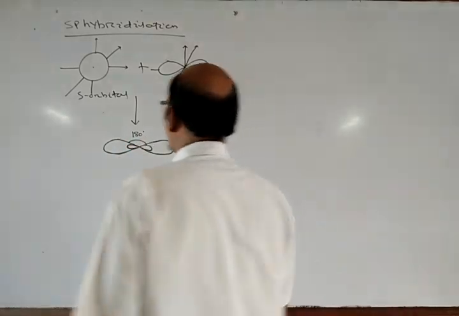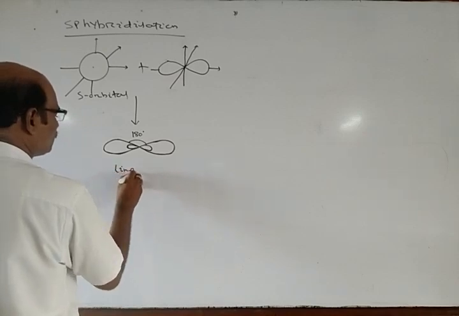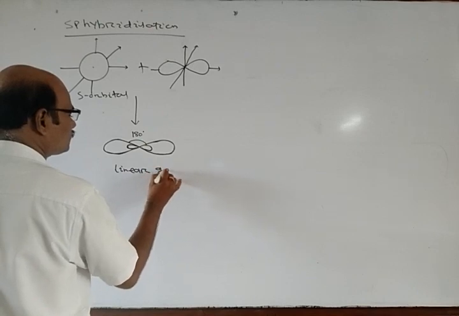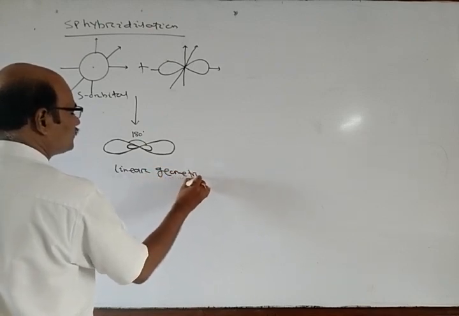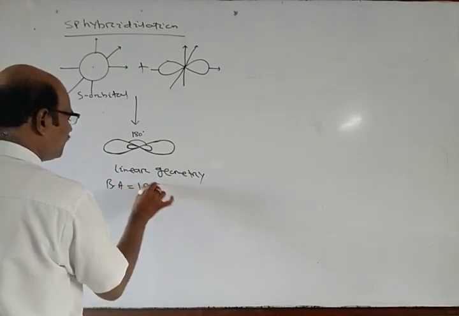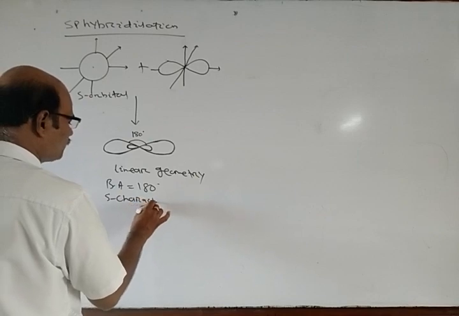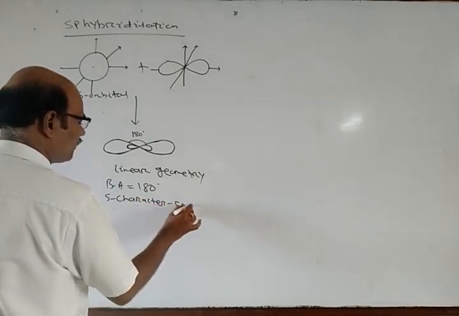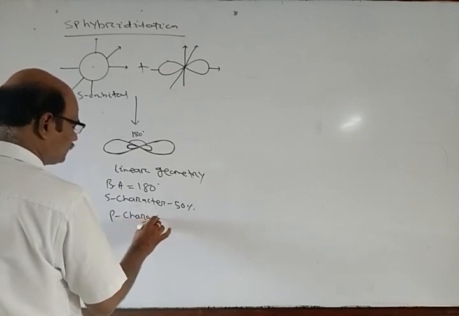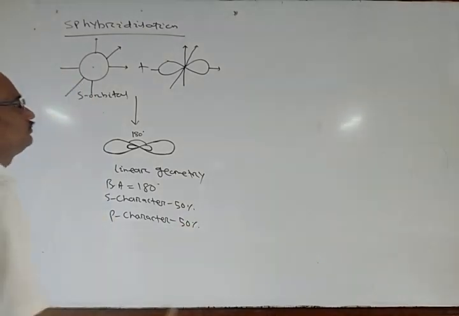And this is the linear geometry, with a bond angle of 180 degrees, s character 50% and p character 50%.